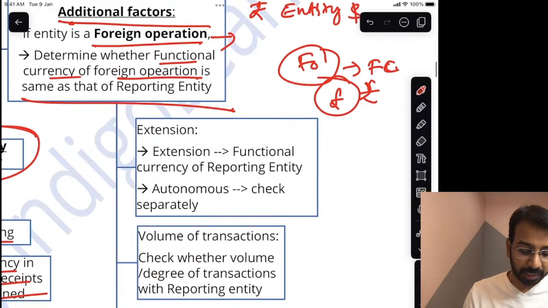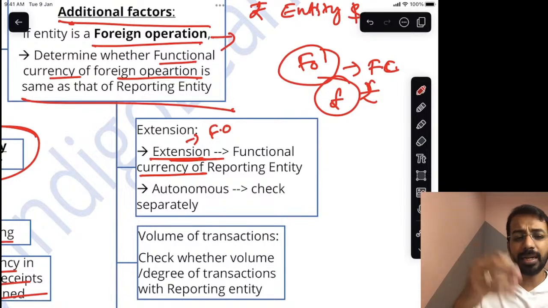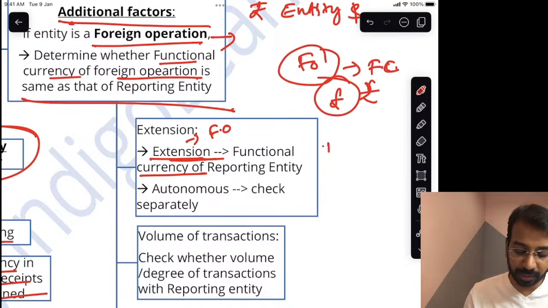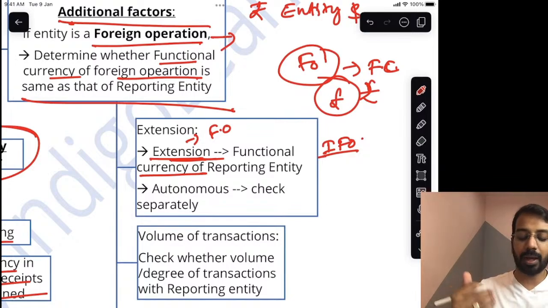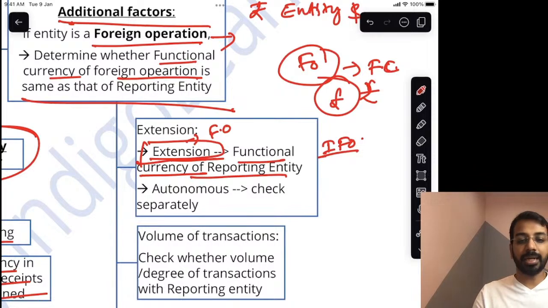If the foreign operation is just an extension of the main entity, like a branch mainly dependent on the head office, or a subsidiary fully dependent on the parent, what we understand as an integral foreign operation, where all the decisions, all the activities, the fundraising and all of that are decided by the head office or the entity, then it becomes an extension, and the functional currency of the reporting entity will be the functional currency of the foreign operation as well.